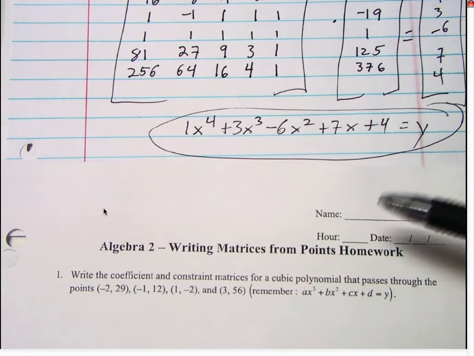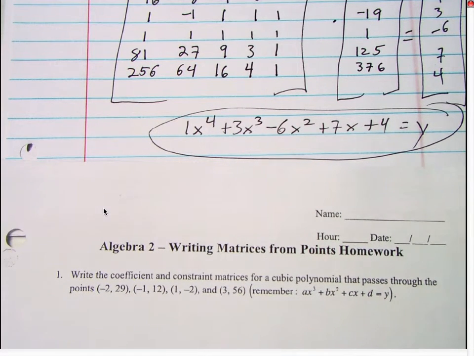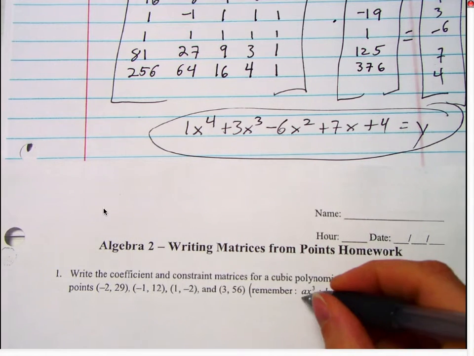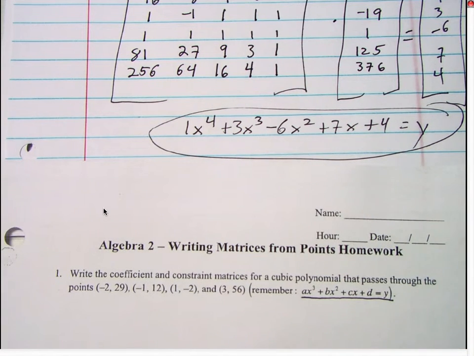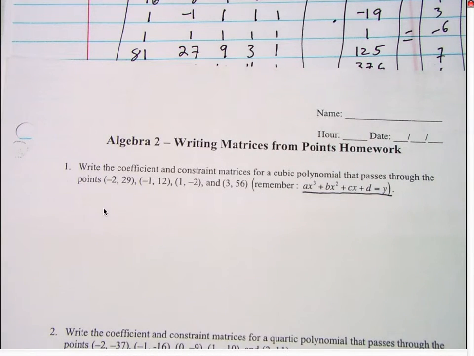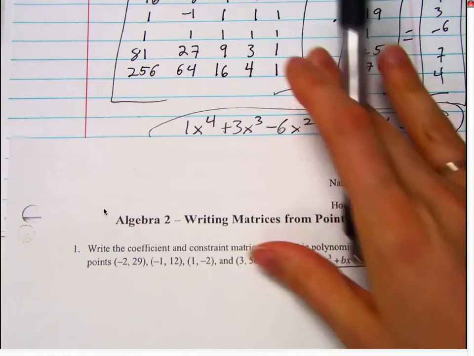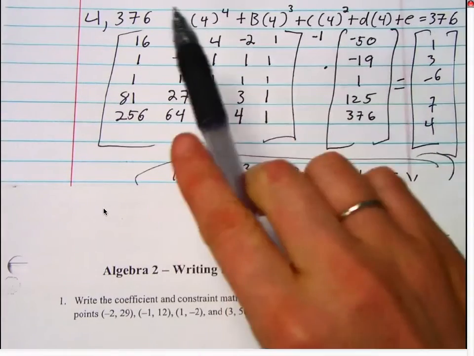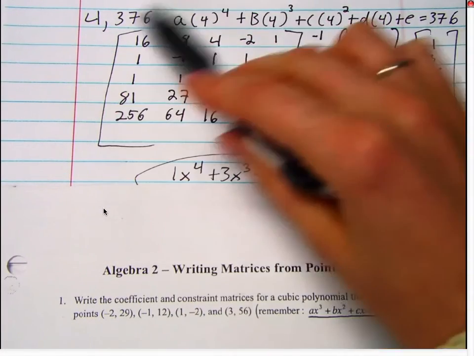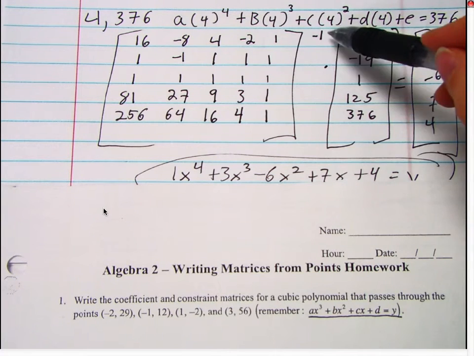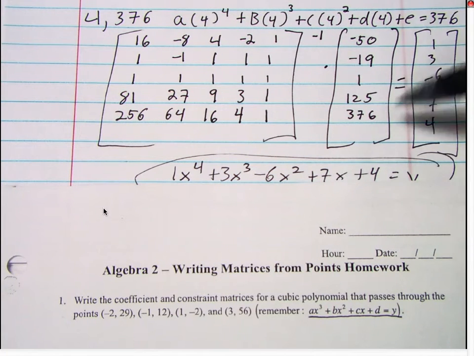So you need to go through this process twice. It tells you right here to remember what these equations look like. So one like the cubic, one like the quadratic. I need to see the final. You could turn it over on the back and work on it, and then make the matrices on the front if you want. But I need to see this is the coefficient matrices to the negative 1. This is the constraint matrices or the answer matrices.